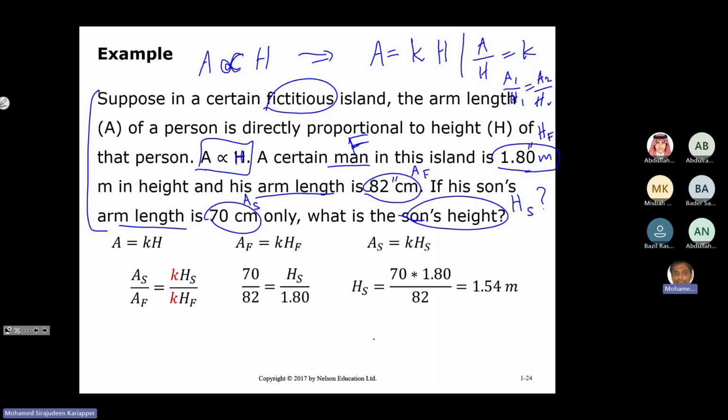Now see how easily we can do it, because we know A and H are directly proportional, so this is the constant. I can say AF is equal to K into HF, and AS is equal to K into HS. Combining this, the K cancels out, so you can say the ratio AS over HS is equal to AF over HF.